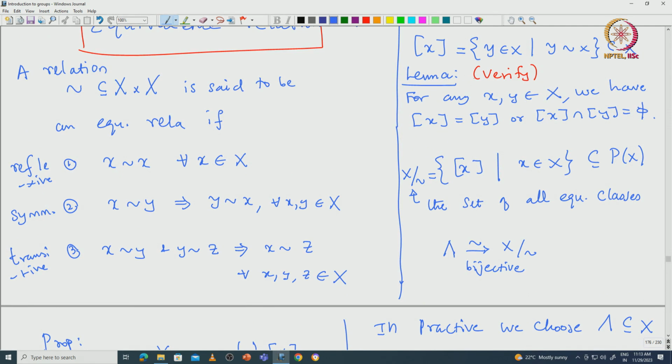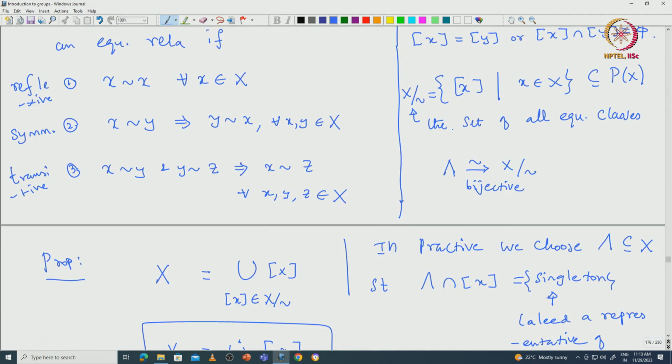That is very clear from this lemma, because the union of equivalence classes will be exactly equal to X, but using this lemma it can be easily seen that given two equivalence classes, either they are equal or they are disjoint. In particular they form a partition.